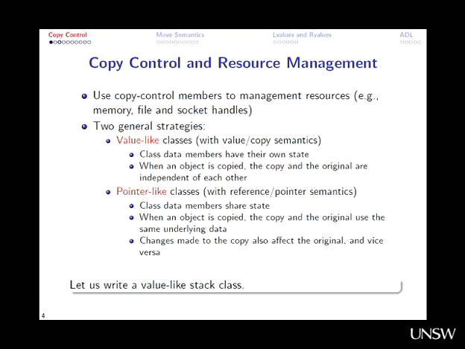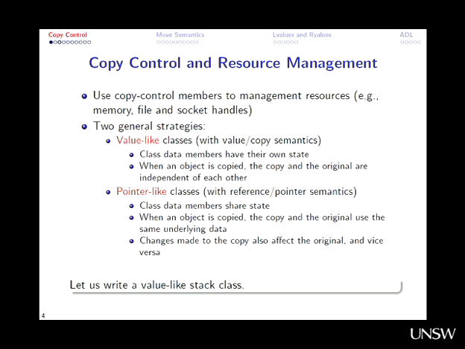The example I gave you last week was about having an object. I've got my cell phone here, so you've got an object. If you put it inside a container, so I've got a bag, I'll put this inside. In terms of C++, when you put an object inside a container, the general principle is that you copy that object inside, and that's a value-like class. So the data I put in gets copied in.